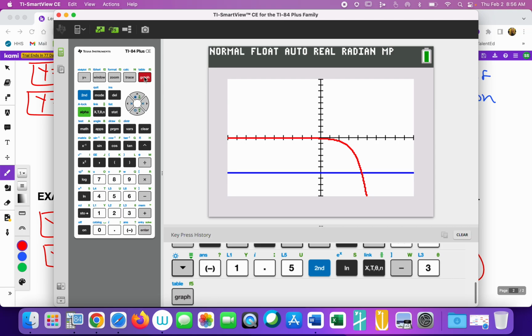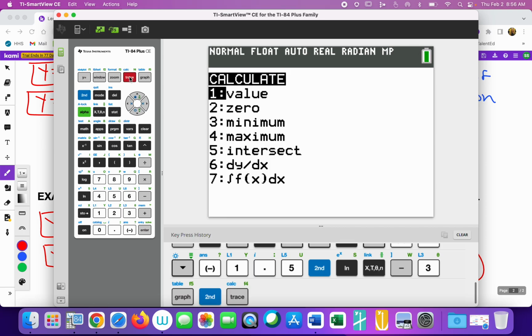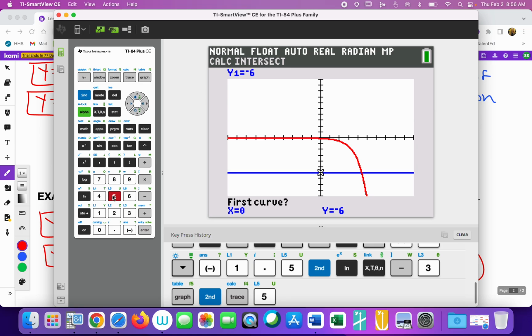So with your two graphs, second trace for your calc menu, either arrow down to option 5 and hit enter, or just hit 5. As long as it's on one of the two lines, hit enter. It will jump to the second one, hit enter, arrow over in the vicinity of the intersection. It doesn't have to be super close, but 4.386. Okay.